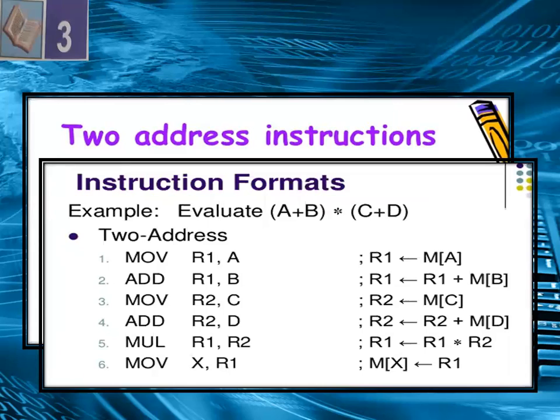Here, move R1, A: move is the opcode, and we have source and destination registers used to transfer your data from one location to another. A location can be a register or memory. It can transfer data from register to memory or memory to register.